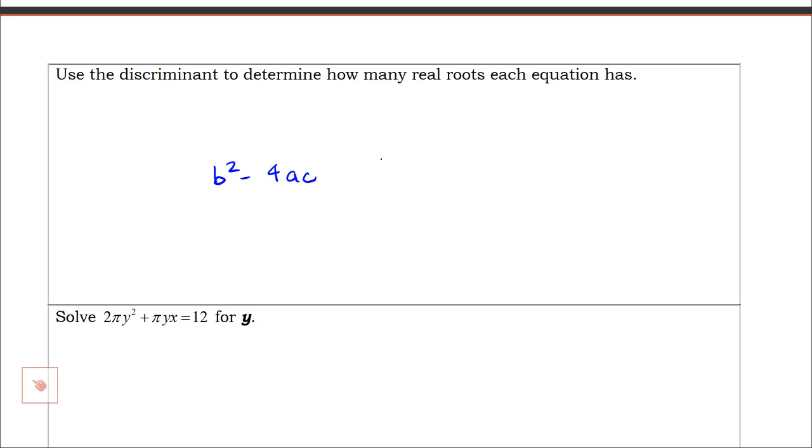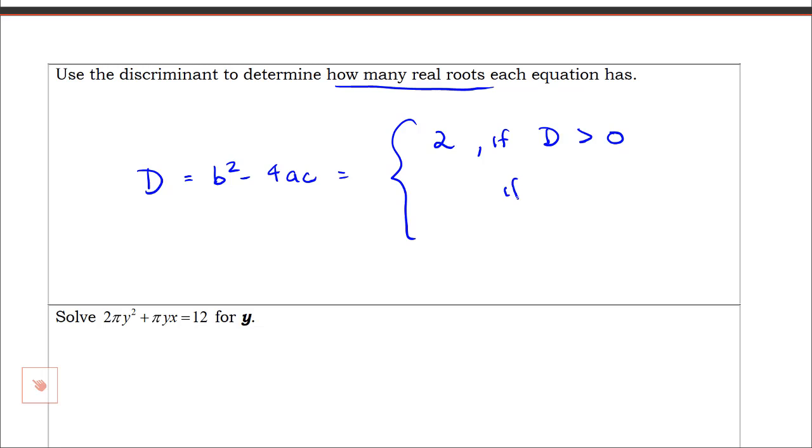And we'll kind of sort of make this a piecewise function, but not really. But we could do this, right? If the discriminant, we'll call this like big D, is greater than 0, I have what? 2 real solutions.